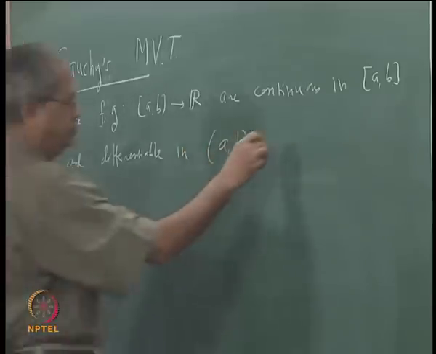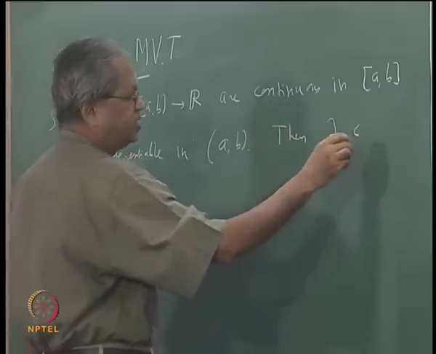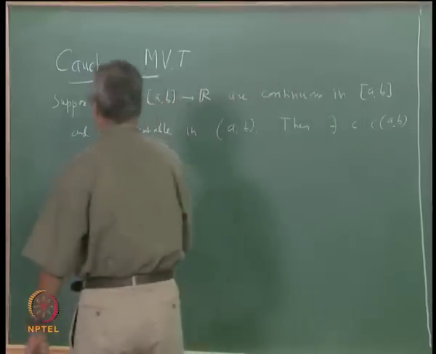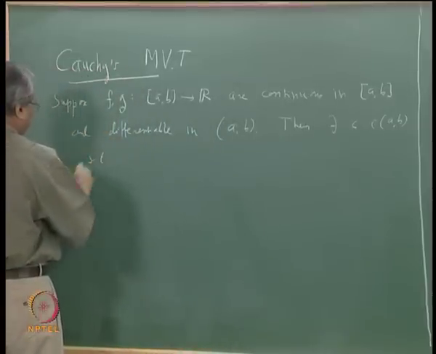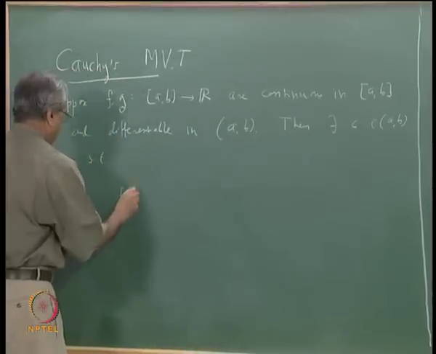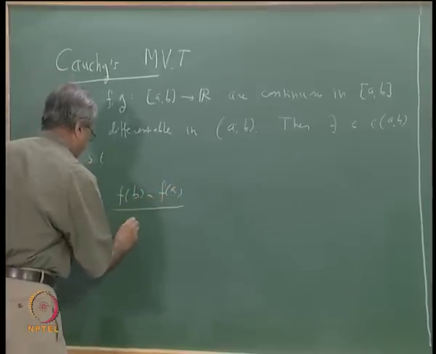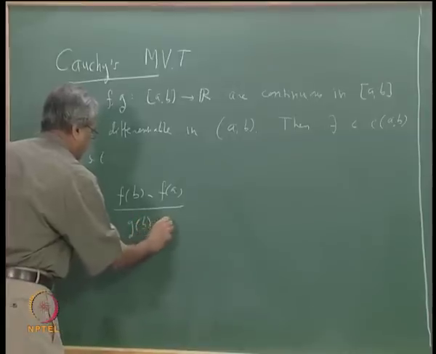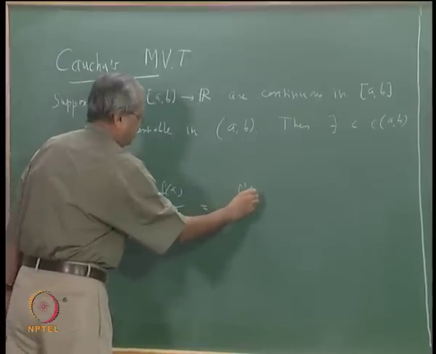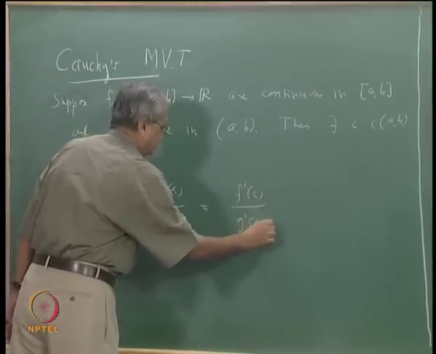Then there exists a number c in (a, b) such that (f(b) minus f(a)) divided by (g(b) minus g(a)) is equal to f prime c divided by g prime c.